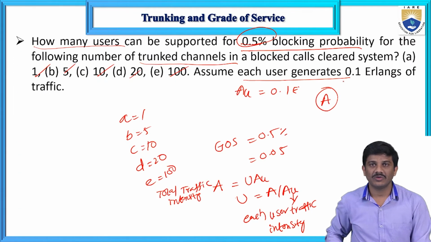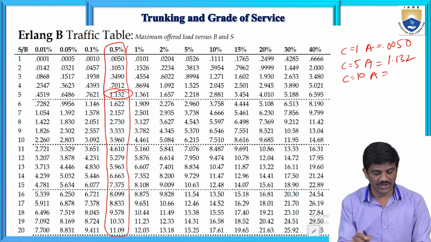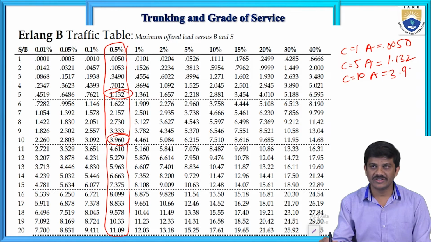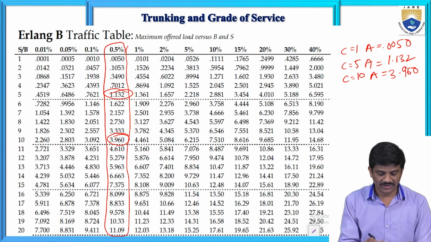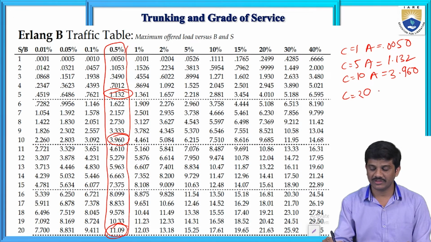Next, C equal to 10. What is A? 3.960. And next, like that, C equal to 20, then A equal to 11.09.